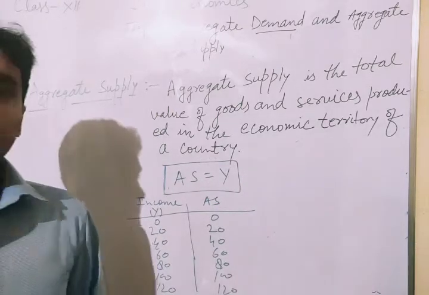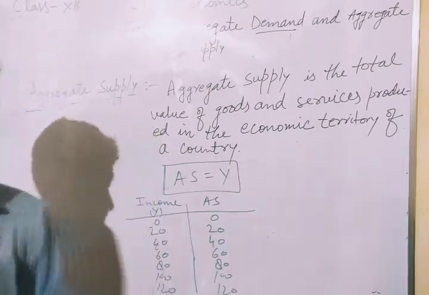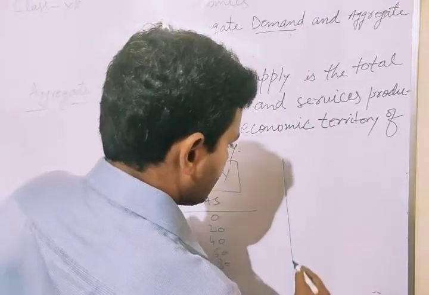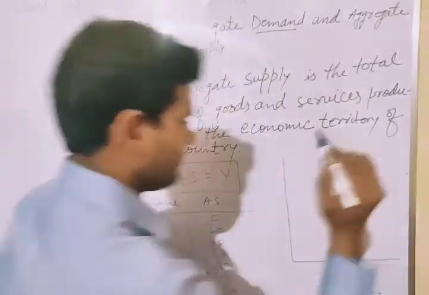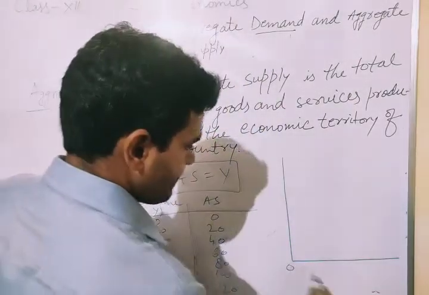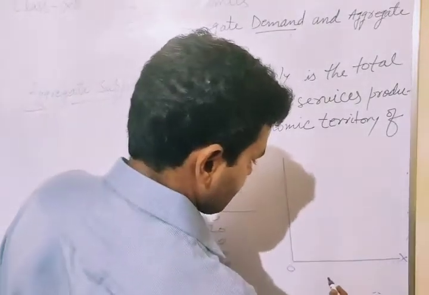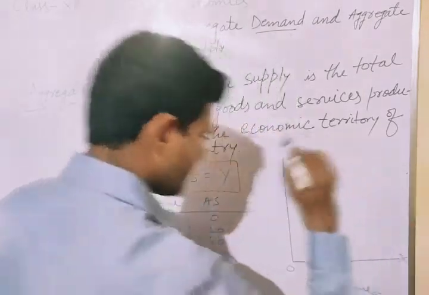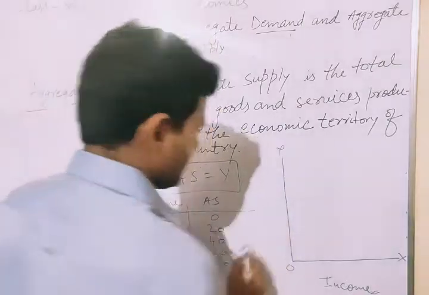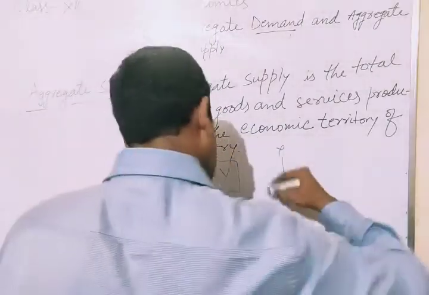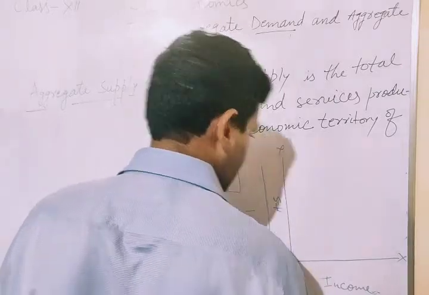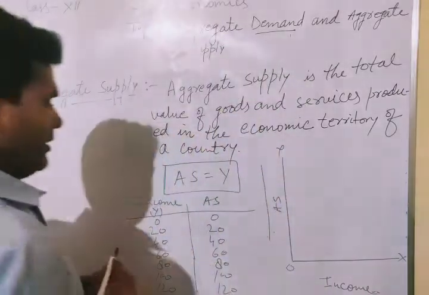This is the tendency of aggregate supply, and when we draw its curve, we measure income on the x-axis and AS, or aggregate supply, on the y-axis.